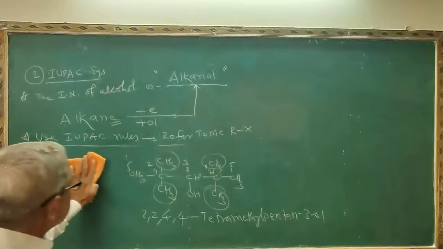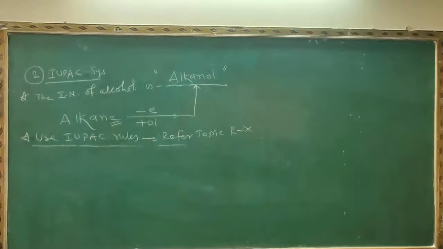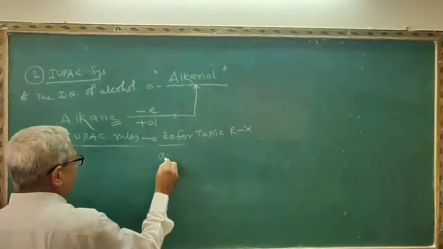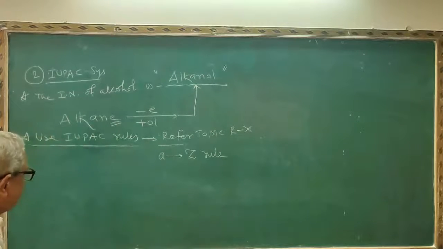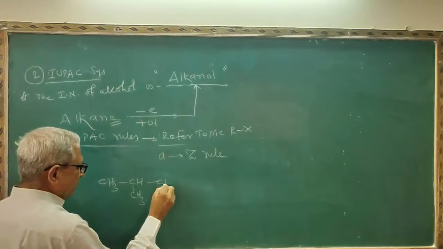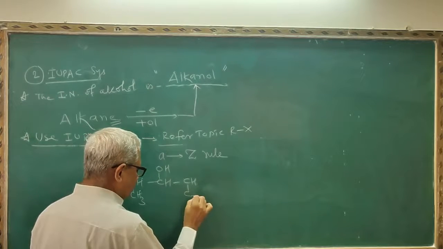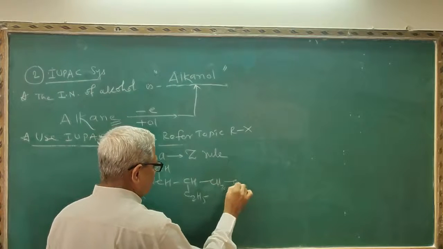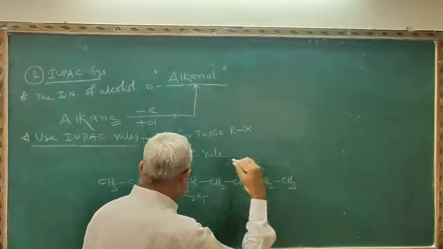Then next rule: if different substituents are present, then you have to use the alphabetical order rule. That is shortly denoted as the A to Z rule. See the example here: CH3CH, OH, CH2, or take here CH, C2H5, CH2, CH2, CH3, or just extend here CH2, CH3.